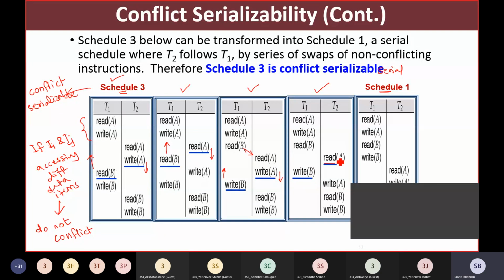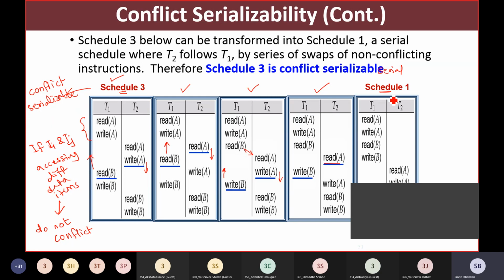So once again, if we look at this write B and read A, then once again these two are not accessing the same element. So once again, we may swap. They do not conflict with one another. So after swapping these two instructions, we come up with this particular schedule. So this is my schedule number 1.